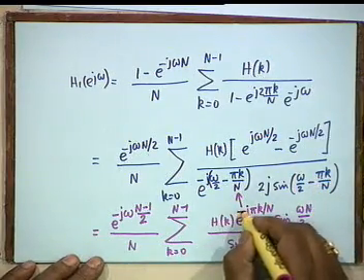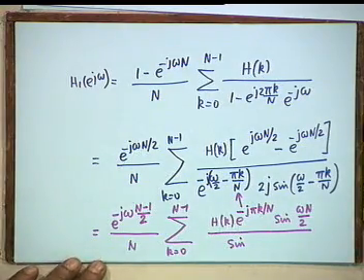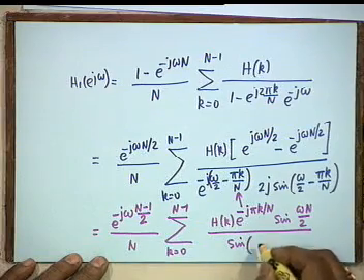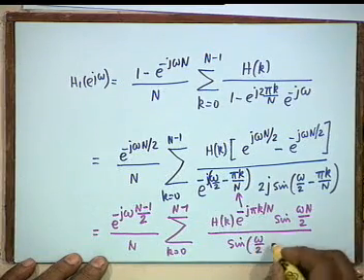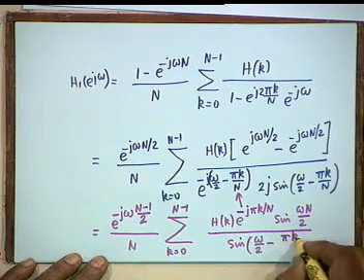It is e to the minus j pi k by N. Yes, correct. Divided by sine of omega by 2 minus pi k by N.